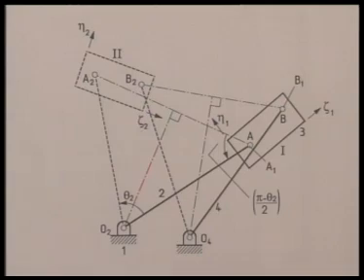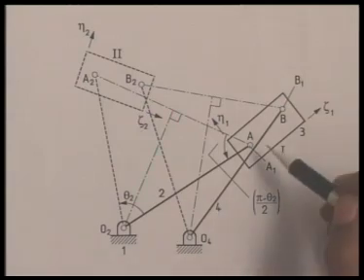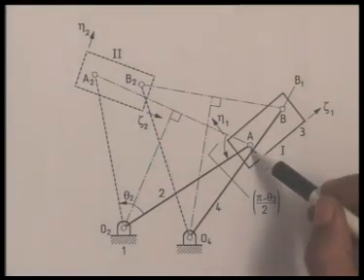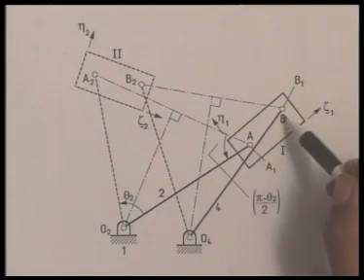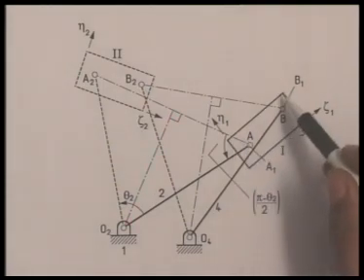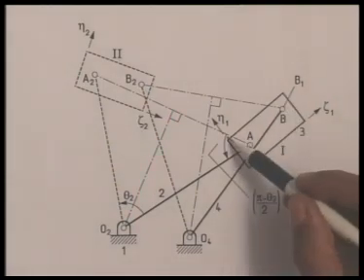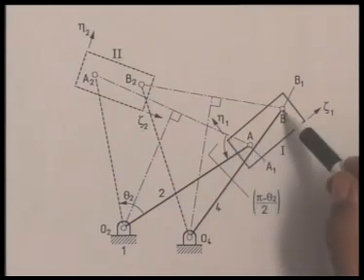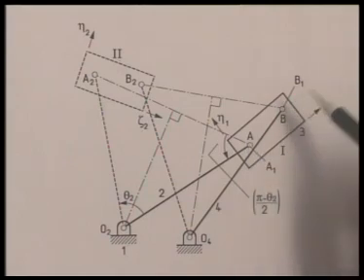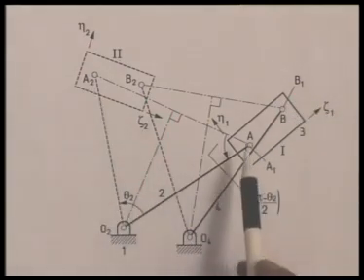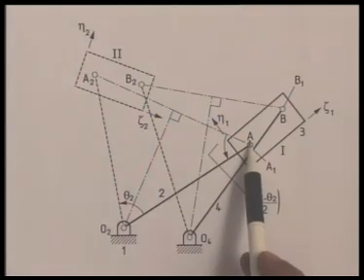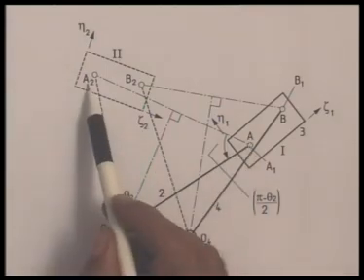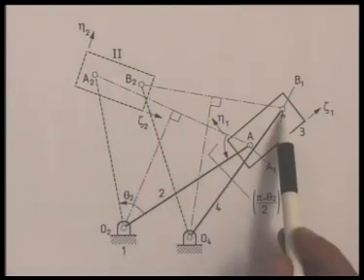To solve this problem, the first step is to choose location of A and B perfectly arbitrarily in this first configuration. Let us say A and B are the locations of the moving hinges on the coupler, and they are chosen arbitrarily. In the second position, the corresponding movement of A brings it to A2 and B goes to B2.